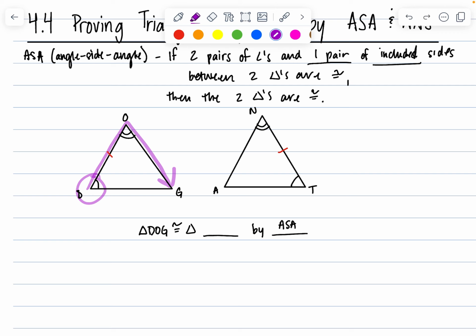So here, it would have to go from the 1 to the 2 down to the 9. And that would mean we would have to name this triangle TNA. So let's put this in a different color. TNA. Okay, so that is angle side angle.